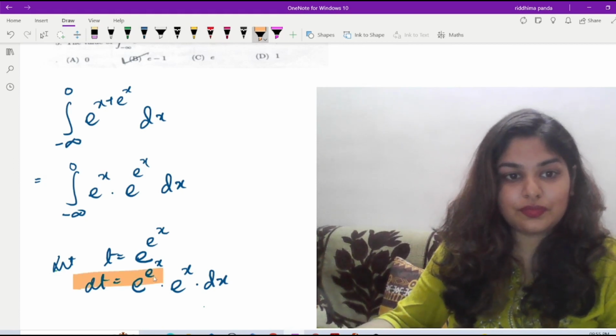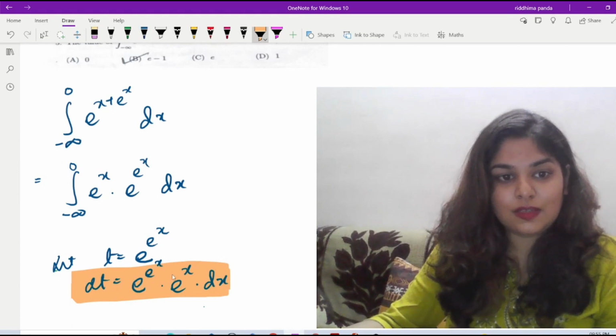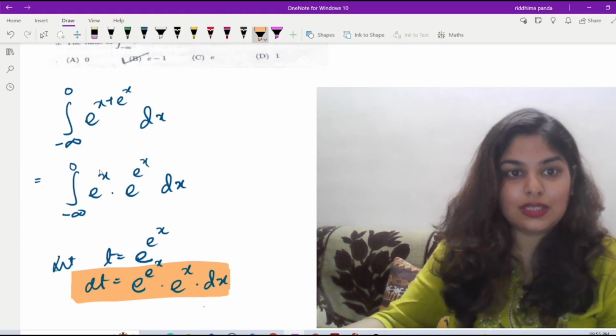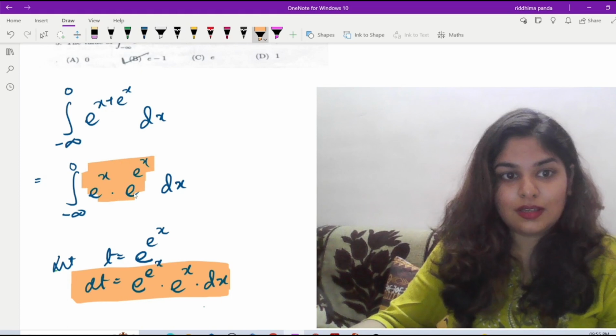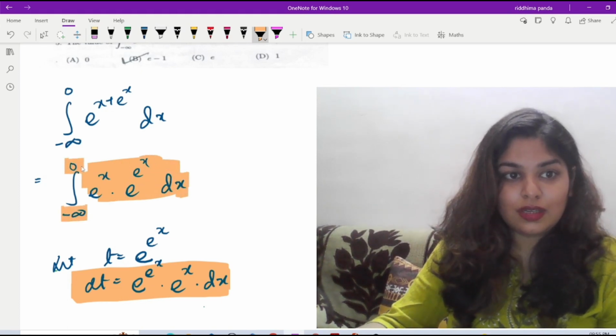So from here, this right hand side part is equal to dt. That means I can put this whole part just as dt, and I need to change the intervals, right?